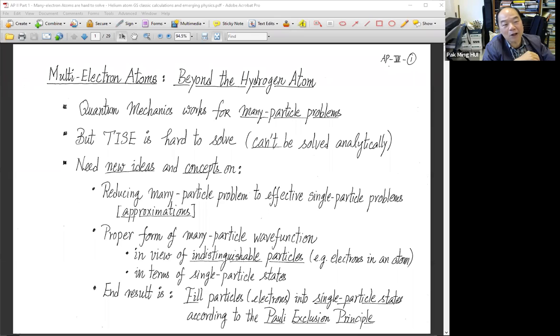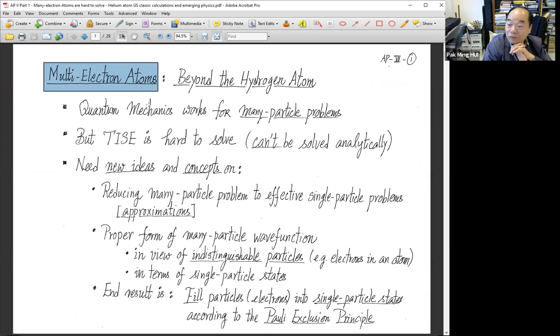That is the topic of the second part of our module on the physics of atoms. For this very first section, I would like to convey one simple message. We know the quantum mechanics equation. We know what the problem is.